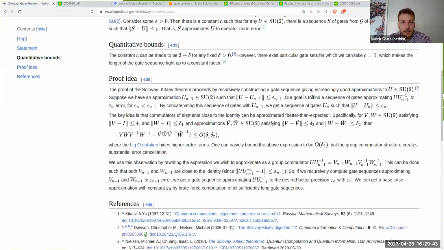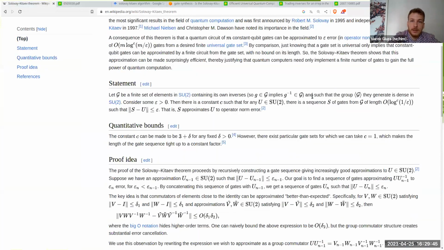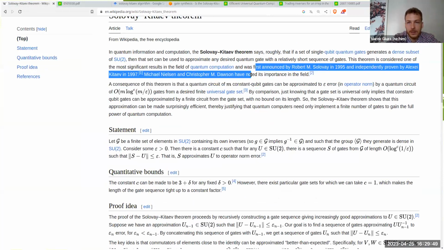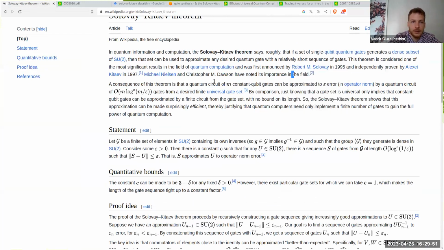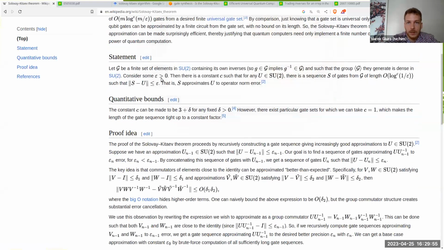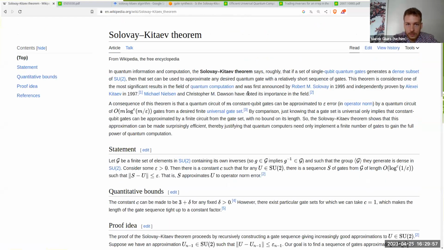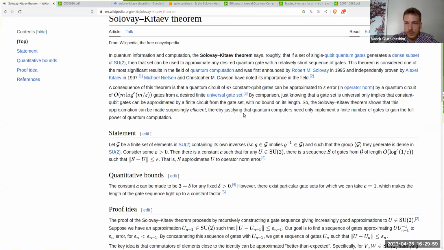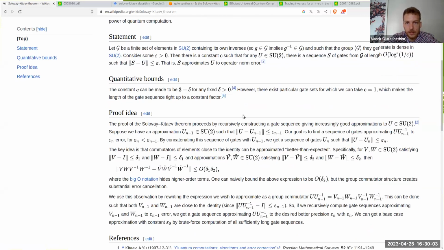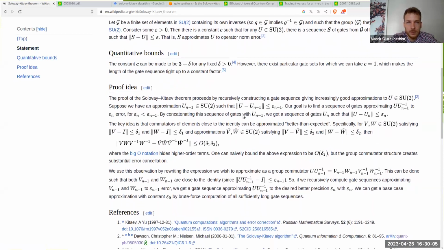And the key insight historically is that you had Solovay and Kitaev. They announced that theorem, and then later Dawson and Nielsen are also cited here on Wikipedia, that they kind of showed the importance for the field. Okay, so the statement we saw, the statement here we also saw.